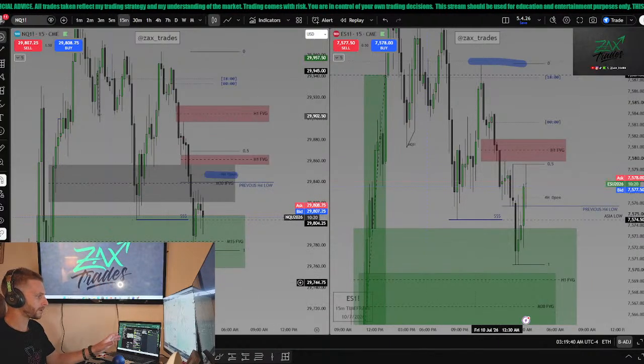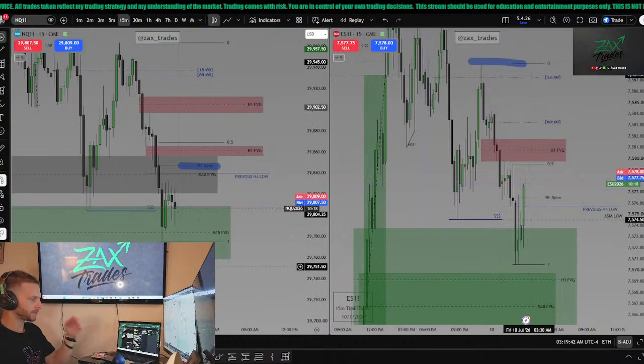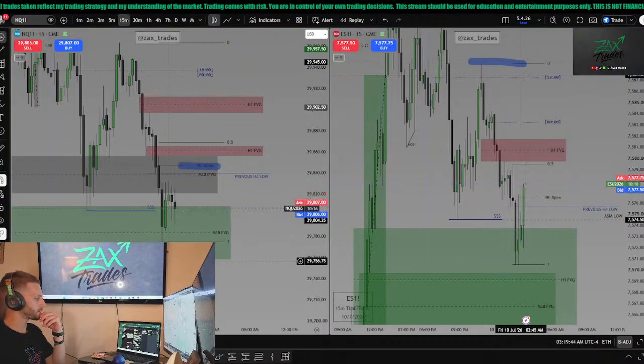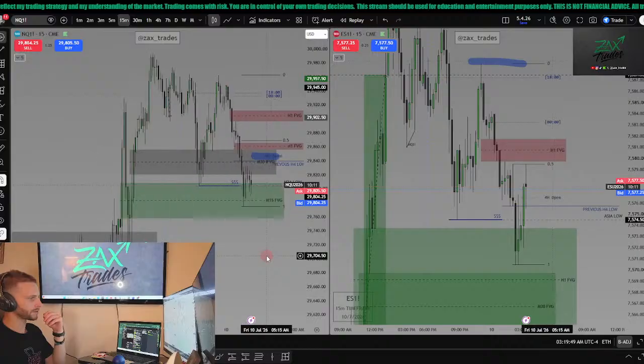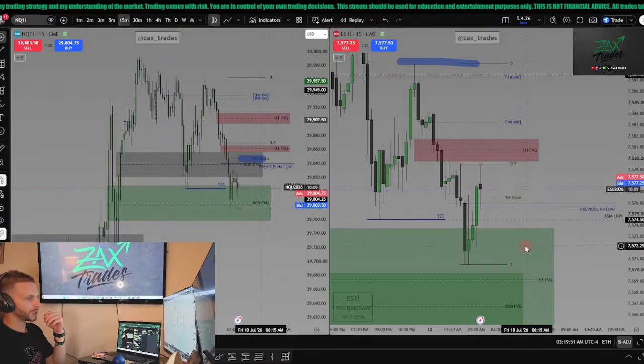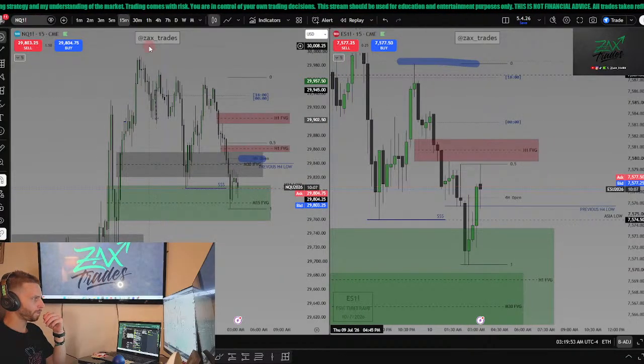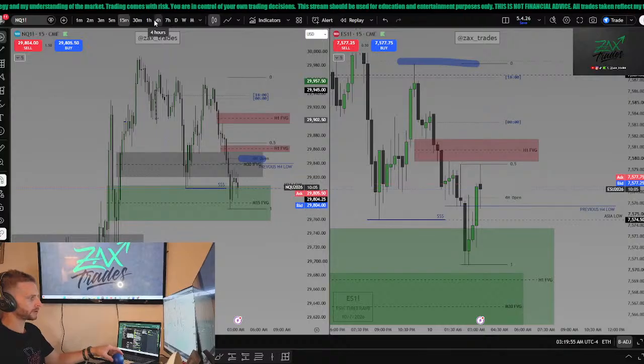So now this is the only charts I really look at in the sense of intraday trading. I keep it pretty simple. NQ on the left, ES on the right, and I don't really ever change.